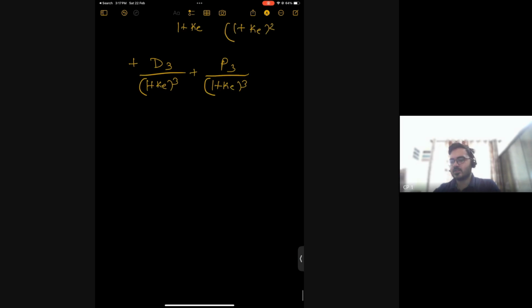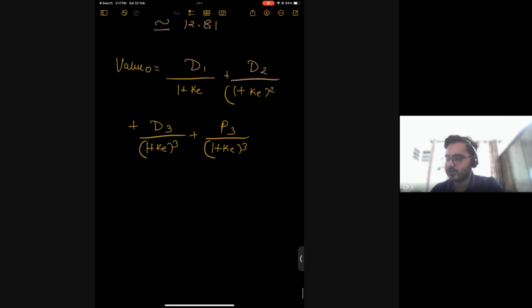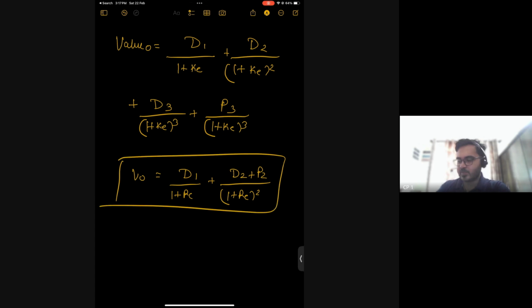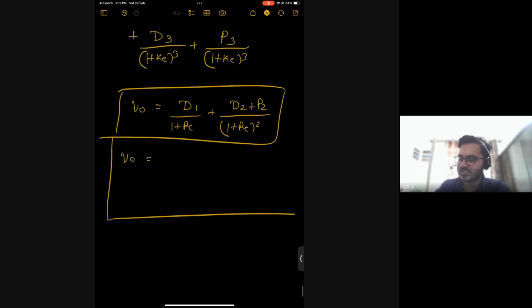The most simplistic formula for this is V0 is equal to D1 divided by 1 plus RE, plus D2 plus P2 divided by 1 plus RE whole square. And if it's a 3-year period, it changes. There can be n number of changes, so we can't write a formula for every time period.